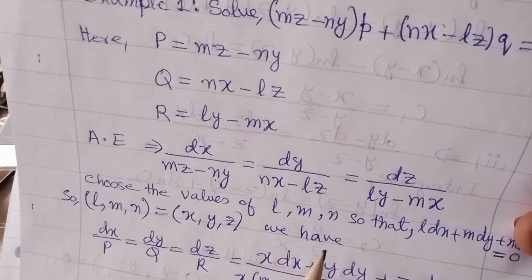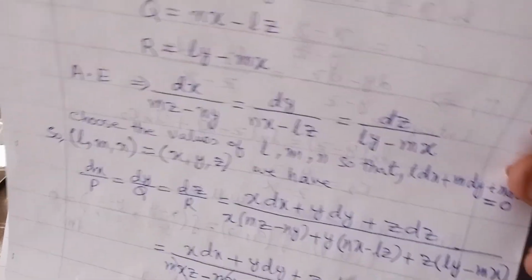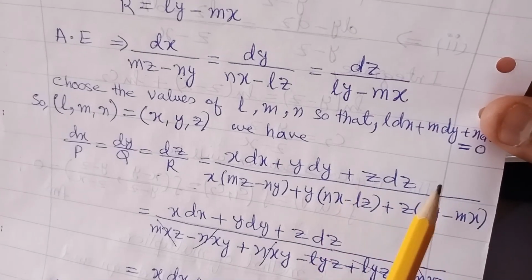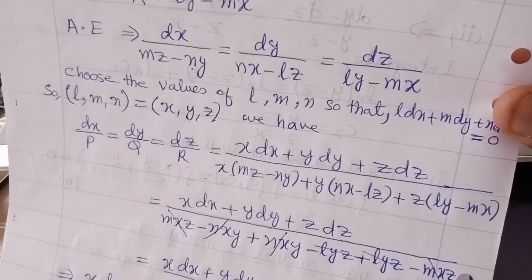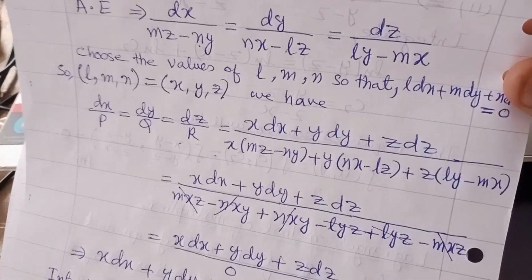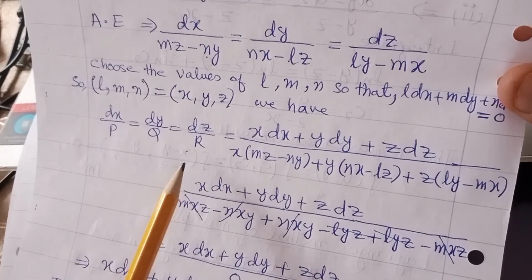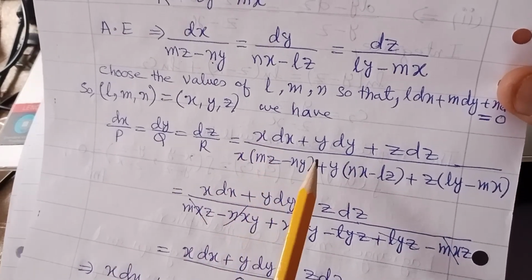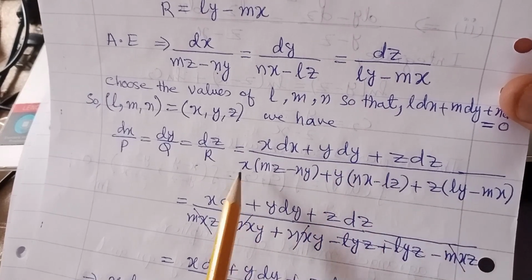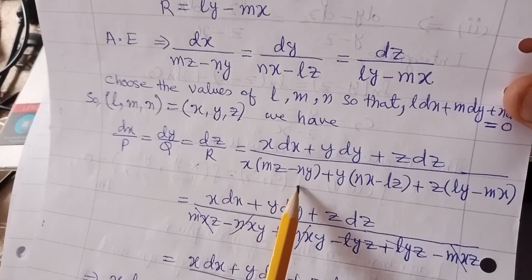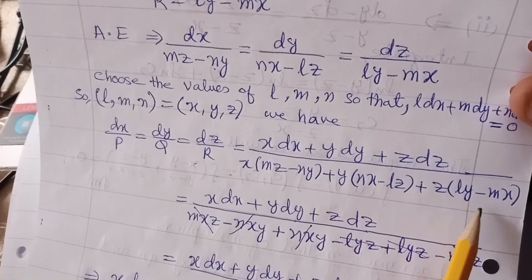Choose the multipliers to find the first solution of this kind of differential equation. What are the multipliers? Such that this factor l dx plus m dy plus n dz must be equal to 0. So according to the definition of Lagrange multipliers, this equation dx upon P is equal to dy upon Q is equal to dz upon R can be written as x dx plus y dy plus z dz upon x times (mz minus ny) plus y times (nx minus lz) plus z times (ly minus mx).